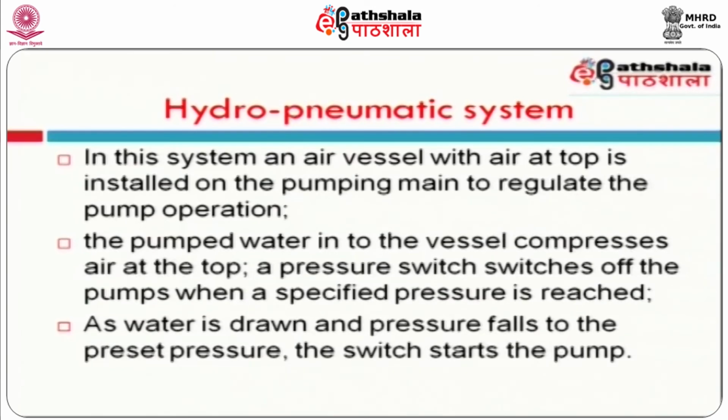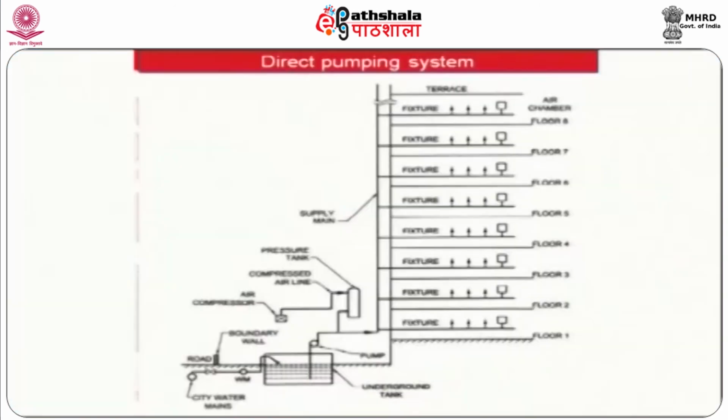It is an automatic system, operating according to the availability of water in the underground tank and also depending on the demand in the various fixtures in the water supply system. In a high-rise building, because we have a number of stories and a number of apartments in each story, the water distribution can be regulated by providing a direct system with a hydro-pneumatic system, with automatic switching on and off.